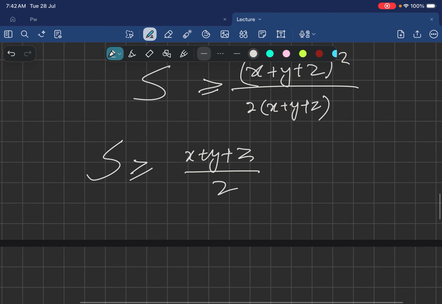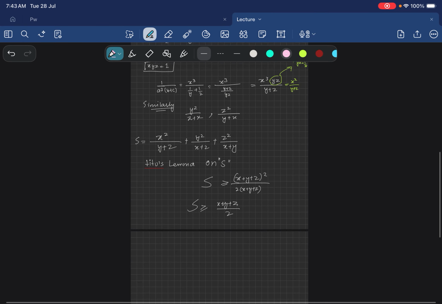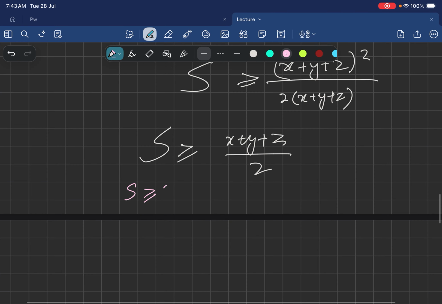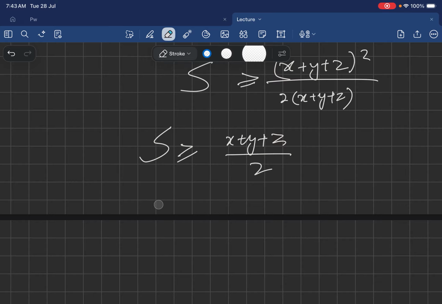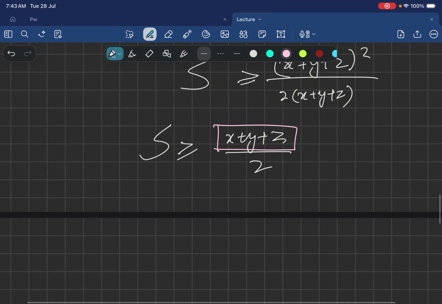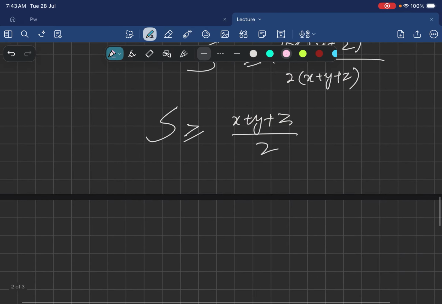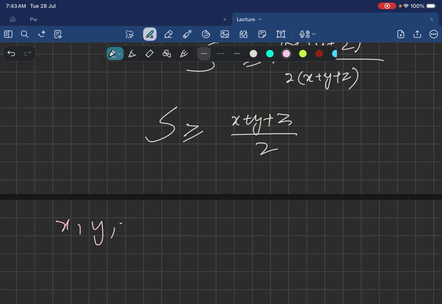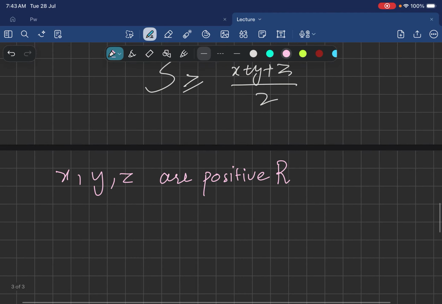Now I don't have anything to do with this thing, but I have to prove that this sum is greater than 3 over 2. But I have this x plus y plus z over here, I have to somehow remove this. So we know that x, y, z are positive real numbers, right? So I can apply the AM-GM inequality on this.